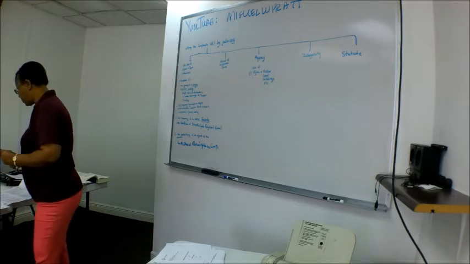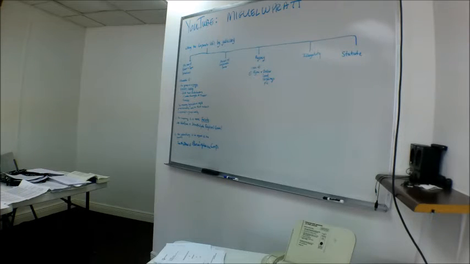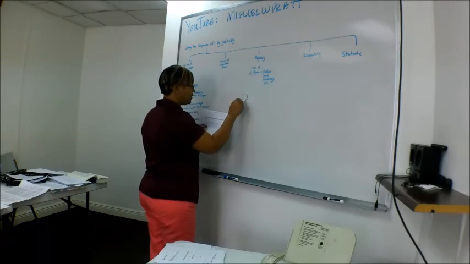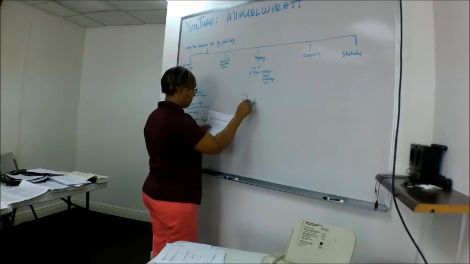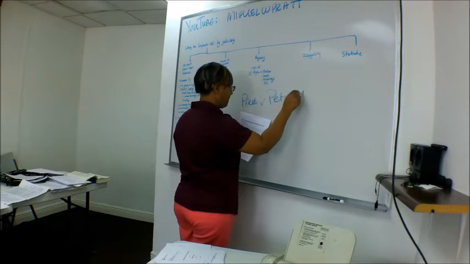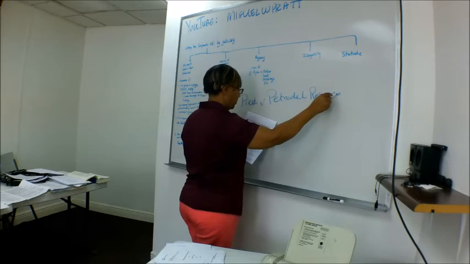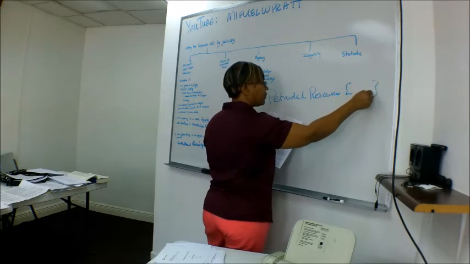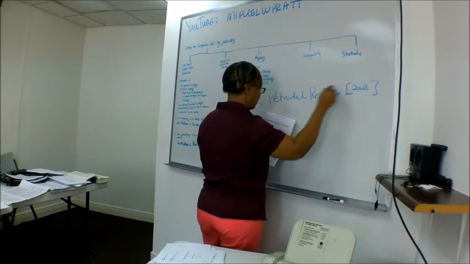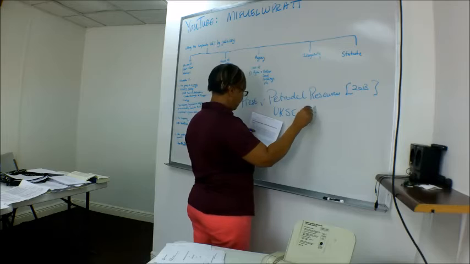So I was saying, persons try to pierce the corporate veil in matrimonial matters. And the case that's being discussed in a lot of articles is Prest versus Petrodel Resources (2013) UKSC 34.